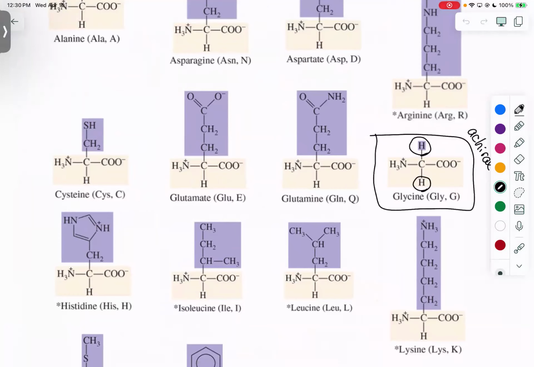If you know you want histidine, you know you're looking for H, right? So it's easy to find. They're not grouped on this paper by functional group, like hydrophobic or hydrophilic. They're grouped just alphabetically so that you can find them, and it gives you both the 3-letter and the 1-letter abbreviation. So that's nice.